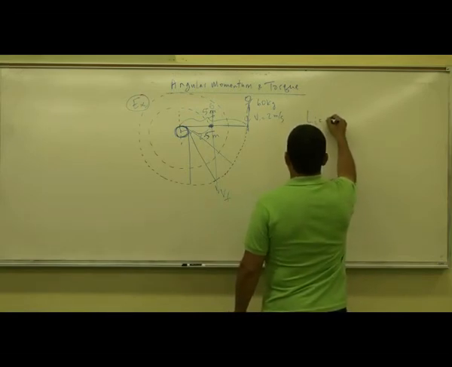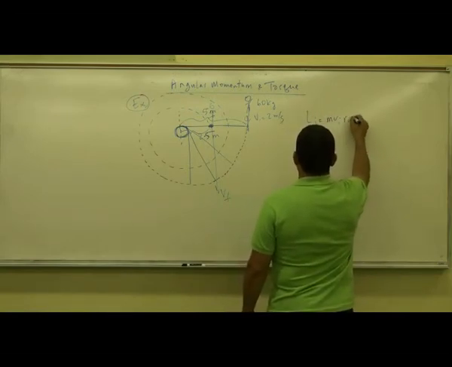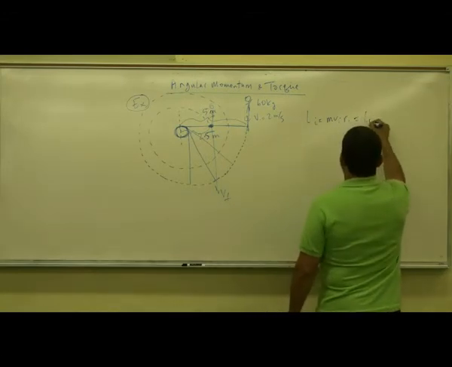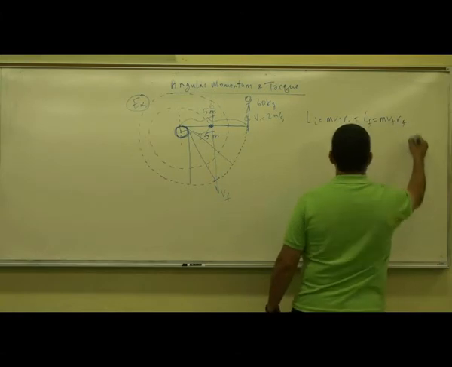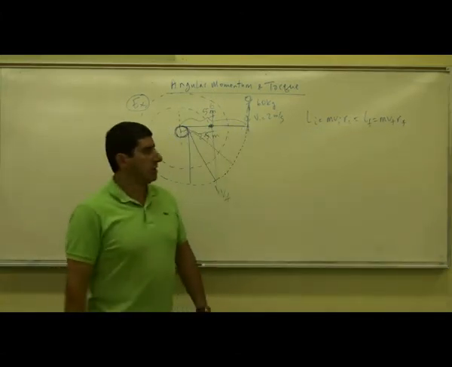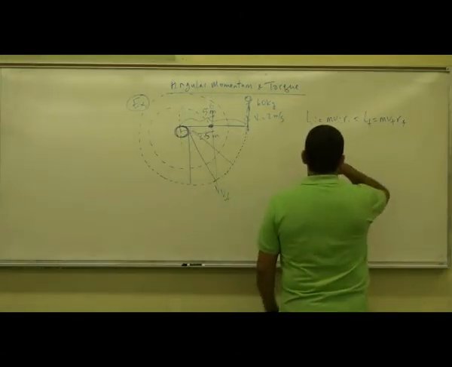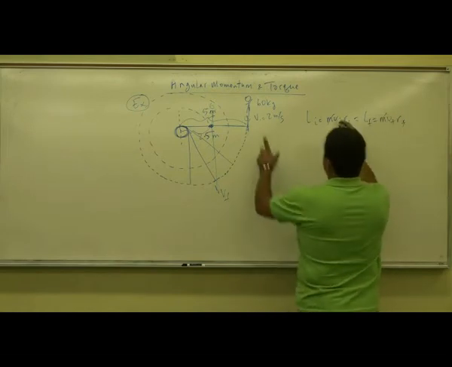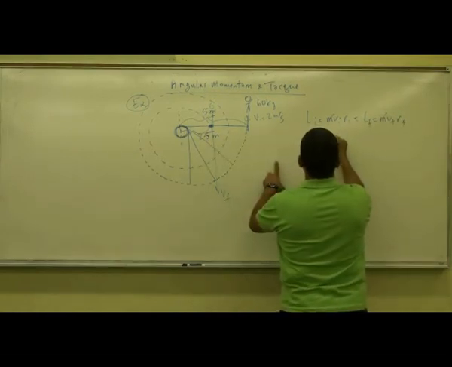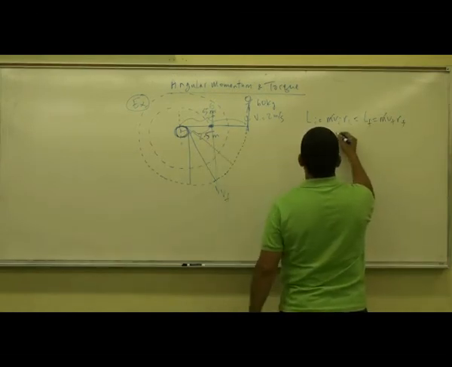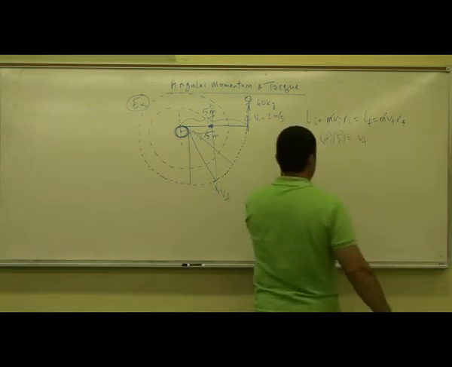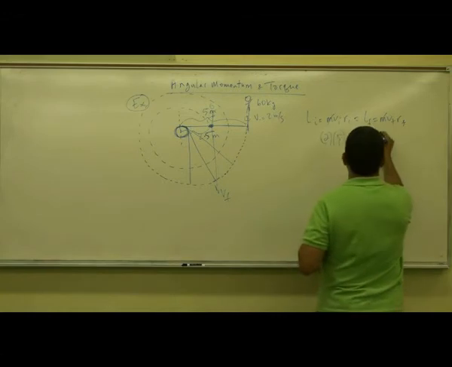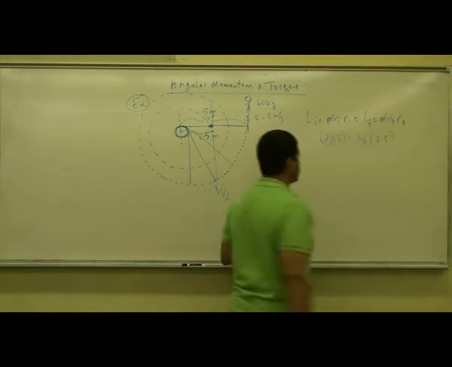L initial equals m v initial r initial, which equals L final, m v final r final. Okay? And so the m and the m cancel. If his initial velocity is 2, the initial radius is 5, the final velocity we don't know, the final radius is 2.5.